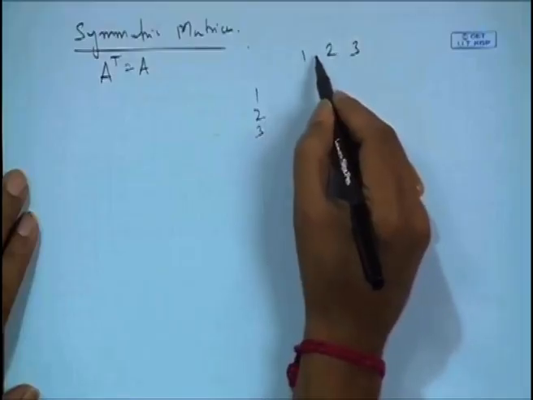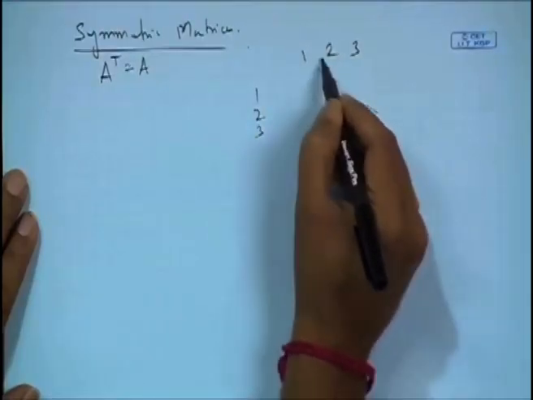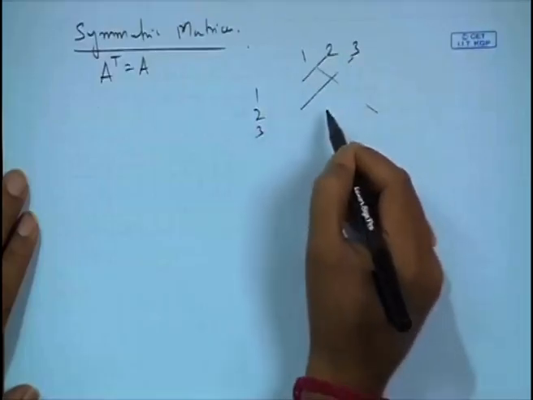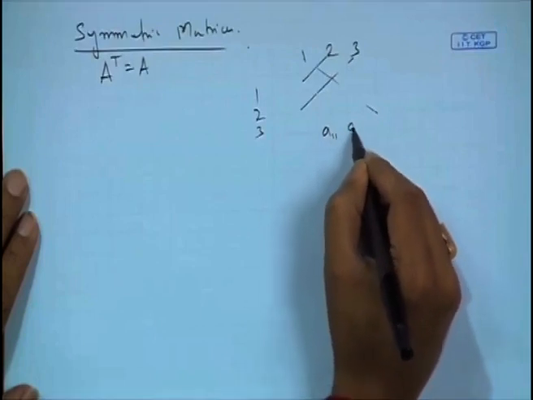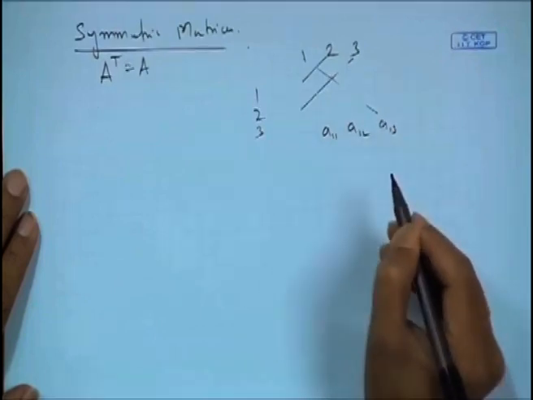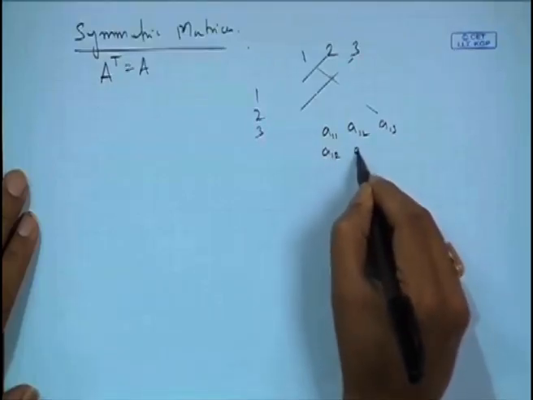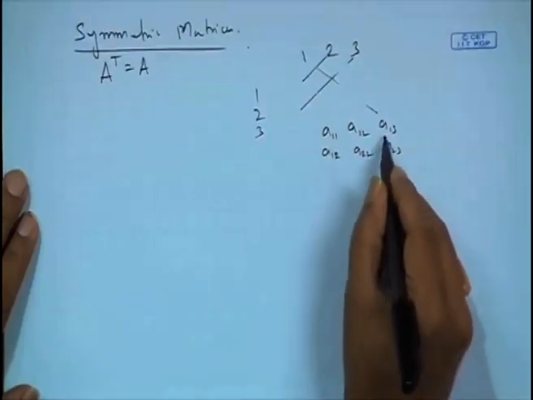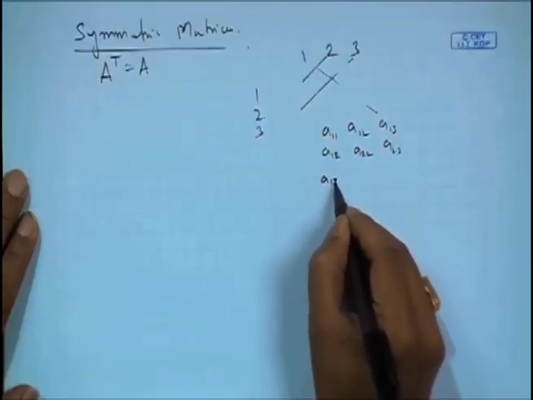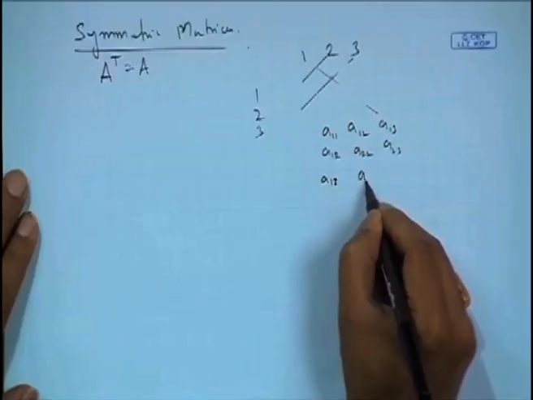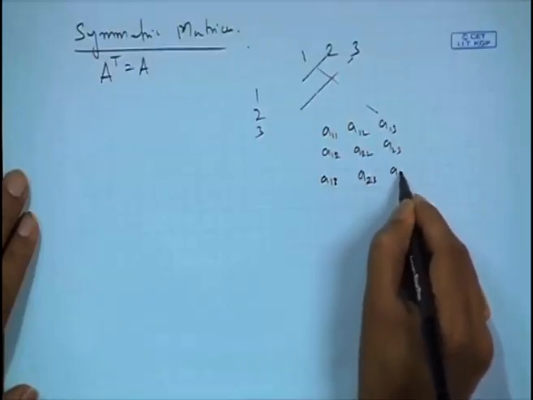So that means there is a certain diagonal and these components are the same. So basically I can write A11, A12, A13, and I would also have this component A12, A22, A23, and again I should have A13. So A31 is the same as A13. A32 is the same as A23, then A33.